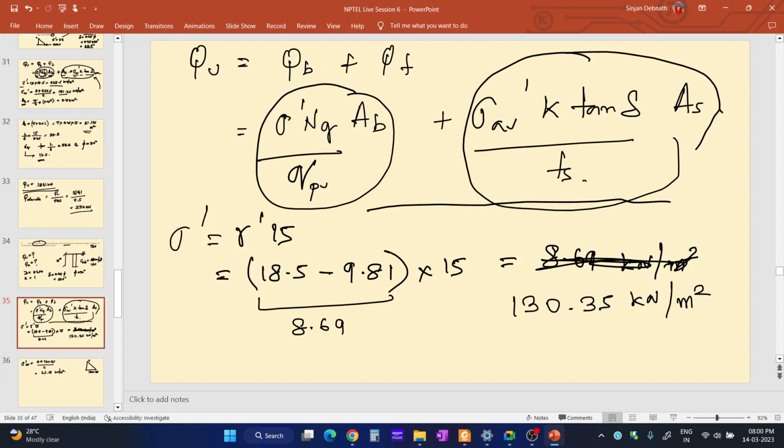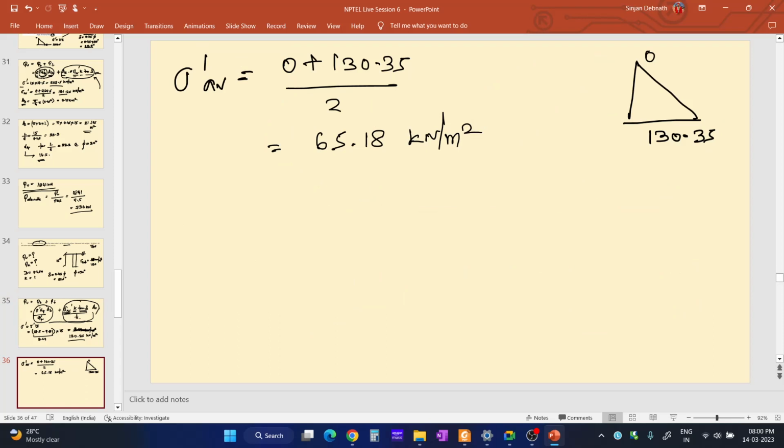Sigma dash we have found out, sigma AV we have also found out. We know the value of K, we know the value of tan delta. AS, what is the value of AS? The pile is similar to that of the previous question. We have calculated the value of AS in the previous question. AS is perimeter into length.